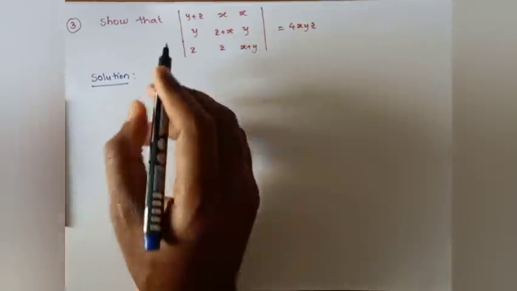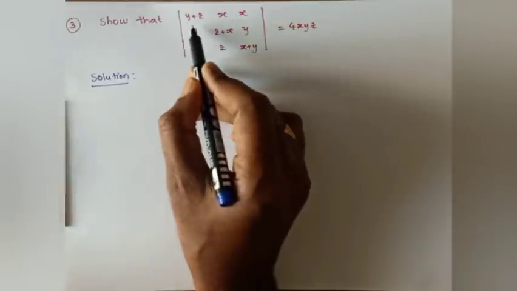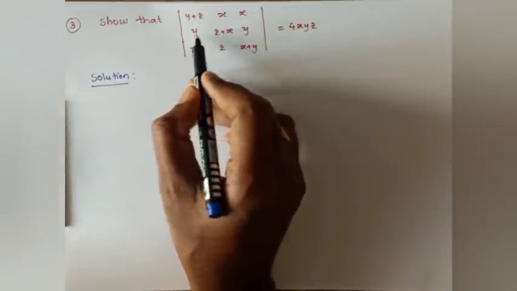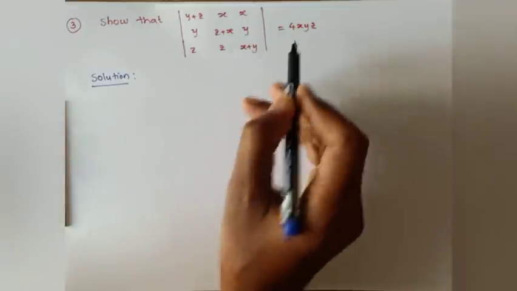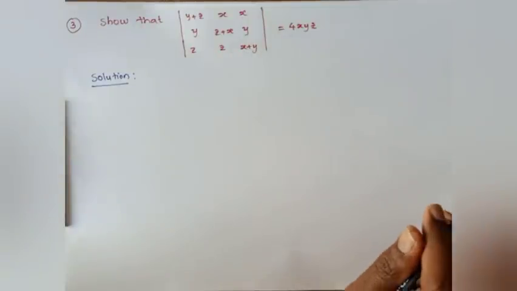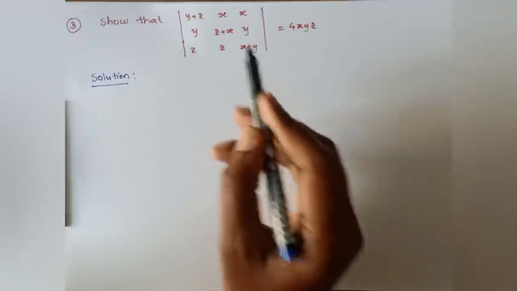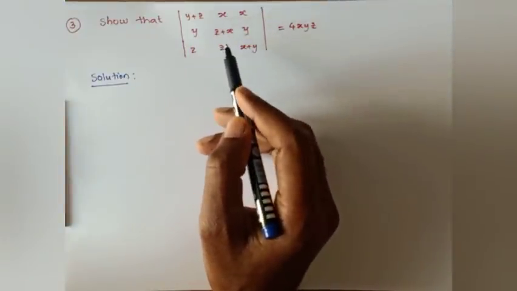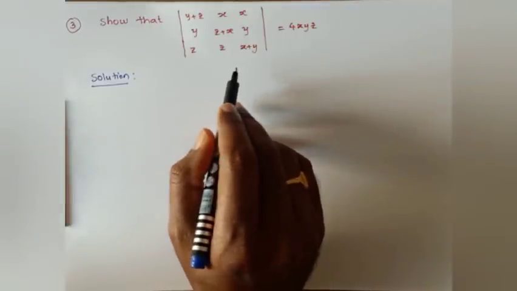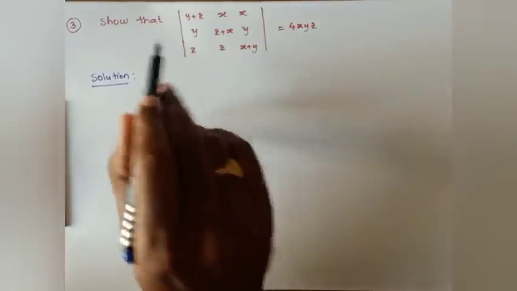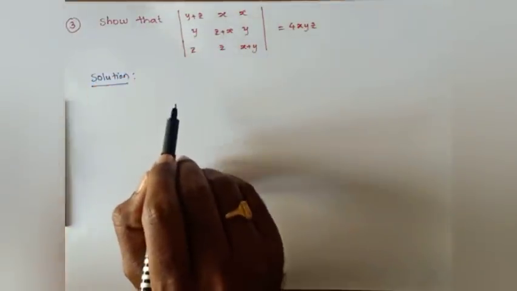So next, third problem. Show that the determinant of y plus z, x, y; z, z plus x, y; z, x, x plus y is 4xyz. Now see, the determinant contains simple terms, so we can directly expand by using the definition of the determinant, since there is no restriction on the problem.